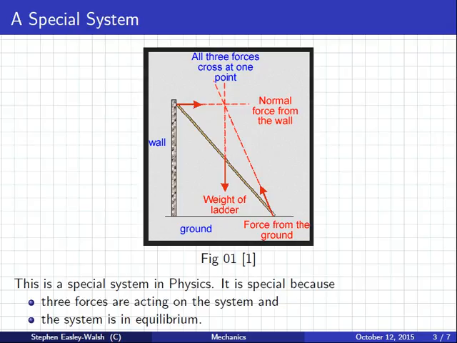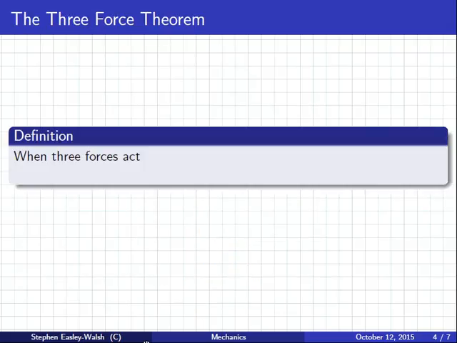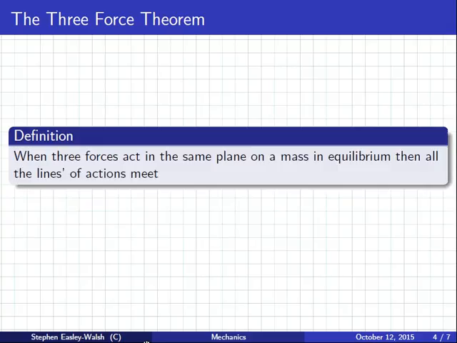When three forces act in the same plane on a mass in equilibrium, then all lines of action meet at one common point. So that's the theorem. And it's called the three-force theorem. Or concurrent forces. But we just deal with usually three.